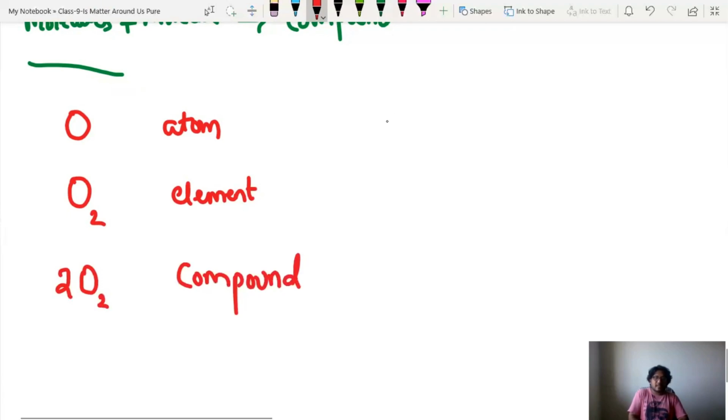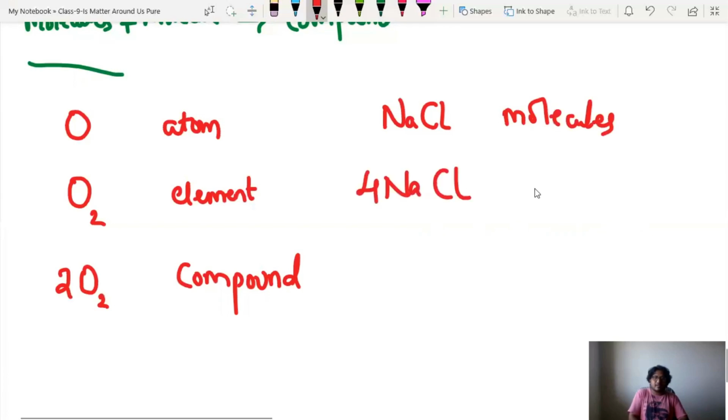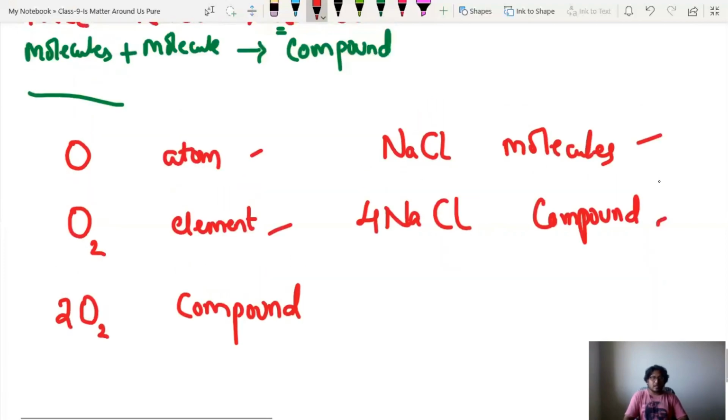Right? Now NaCl is a molecule. If I write 4NaCl, now it is a compound. So I think the difference between atom, element, molecule and compound is clear. Moving to concepts.